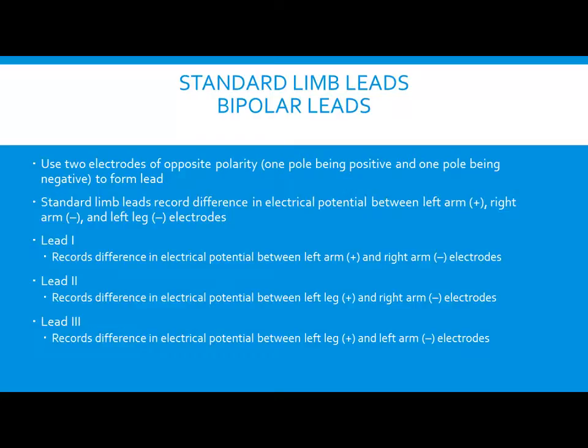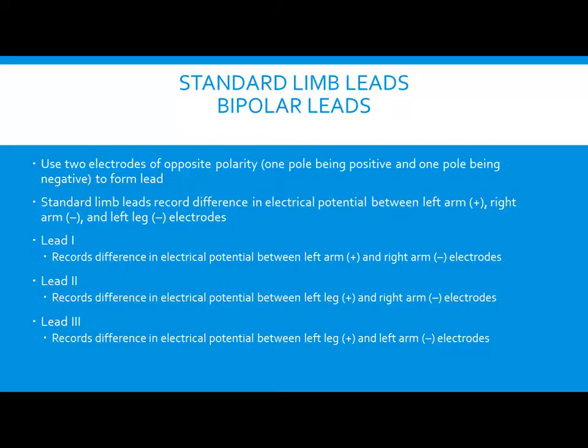Your bipolar lead. In order for you to get a tracing, you've got to have a picture of that electrical impulse traveling either towards the positive electrode or away from the positive electrode. If I've got an impulse that's traveling towards the positive electrode, it is going to be a what deflection? Positive.